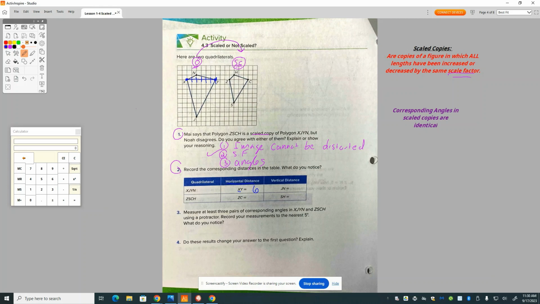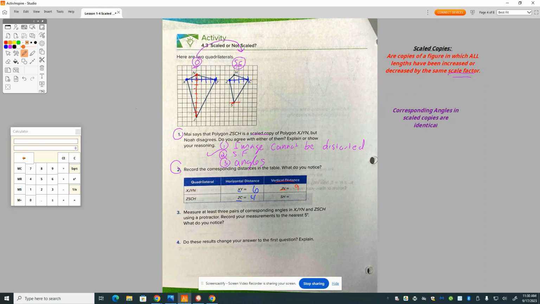Now, looking at polygon ZSCH, the distance from Z to C would be 1, 2, 3, and 4. Now, looking at the vertical distance in my first polygon, J to N, I would have a distance of 1, 2, 3, 4, 5, 6, 7, 8, and 9.